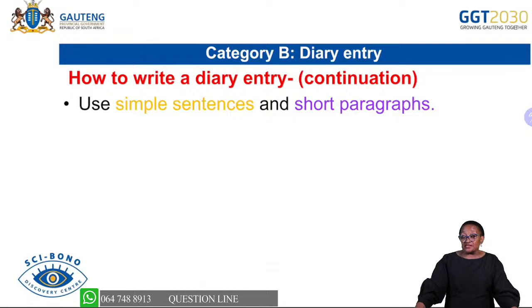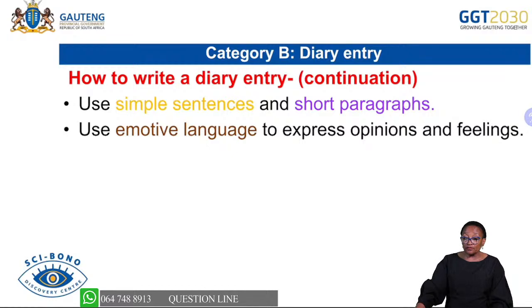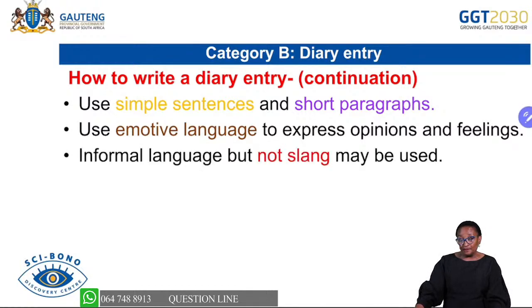Use simple sentences and short paragraphs. Remember, even with section A and section B, you were advised not to use long sentences, because if you use long sentences, chances are that they might lose the meaning that you wanted to convey to the reader. So use simple and short paragraphs. Use emotive language to express opinions and feelings. Informal language is acceptable, but not slang.